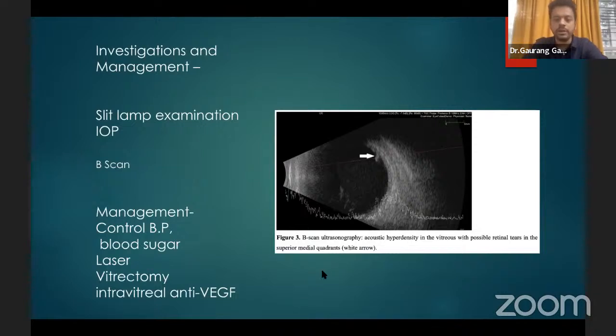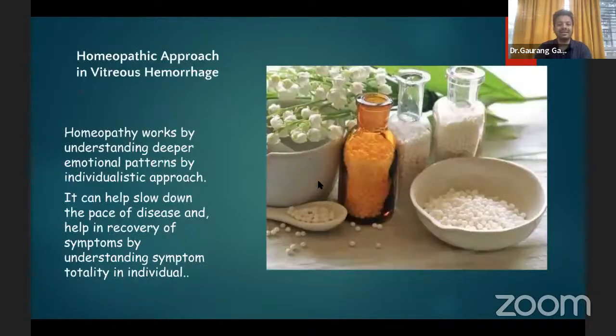Dr. Pushpa has already discussed vitreous hemorrhage, and I want to talk to you about homeopathy and vitreous hemorrhage. Basically, the idea of homeopathy is individualization. The idea of case taking in homeopathy is to go to a deeper level, to find the deepest patterns within a person by in-depth case taking, by finding the exact symptoms, by cross scanning the entire case with the chief complaint, family history, past history, basic nature, temperament, and how that person reacted in a crisis.